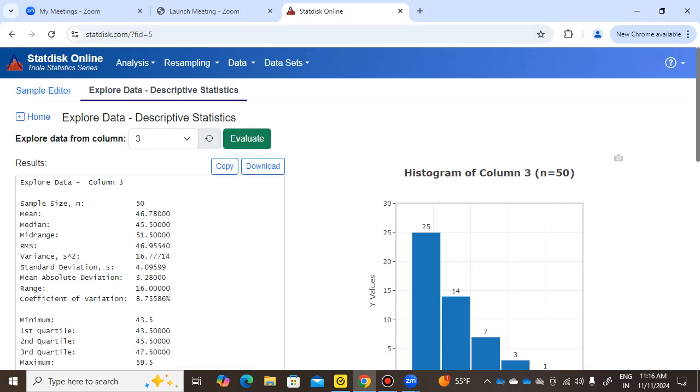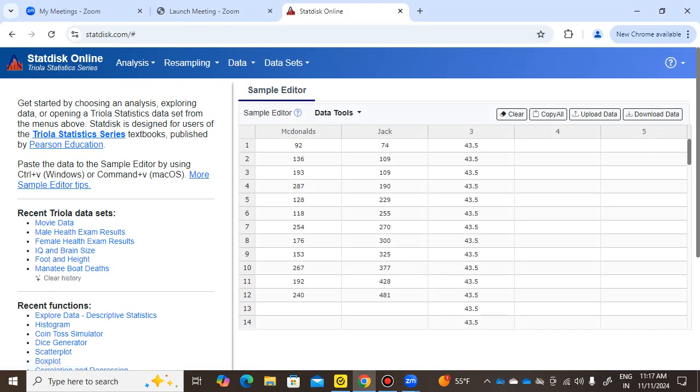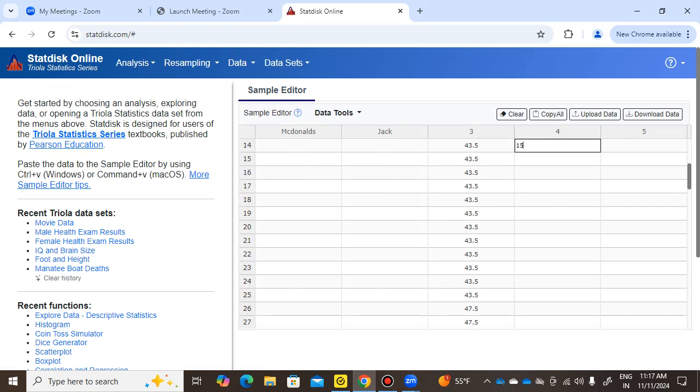So let me go back now. Doing column 4. 138, 130, 135, 140, 120, 125, 120, 130, 130, 144, 143, 140, 130, and 150. So that's 14.